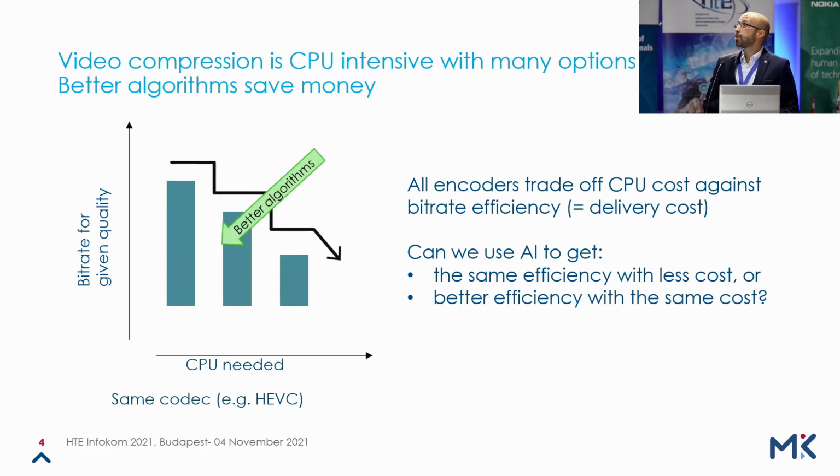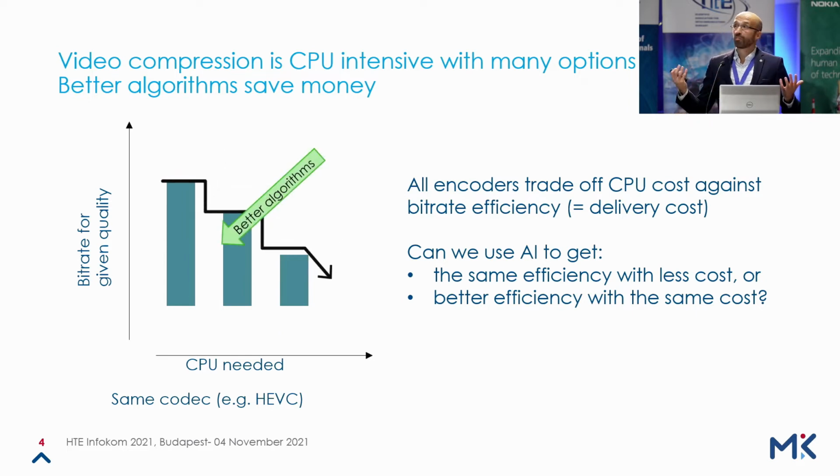So on all of that, you can still have better algorithms that allow you to deliver the same quality or better quality without impacting the CPU needs that much. Or you can improve your CPU management so that you achieve the best possible compression efficiency on the resources you have. And that's where we propose to use AI.